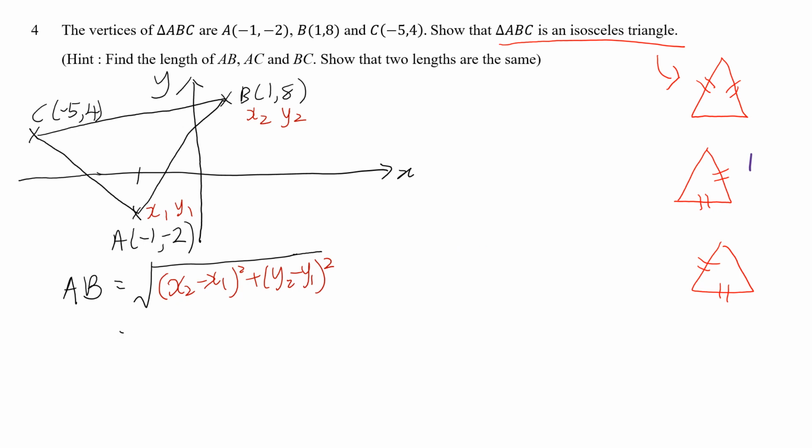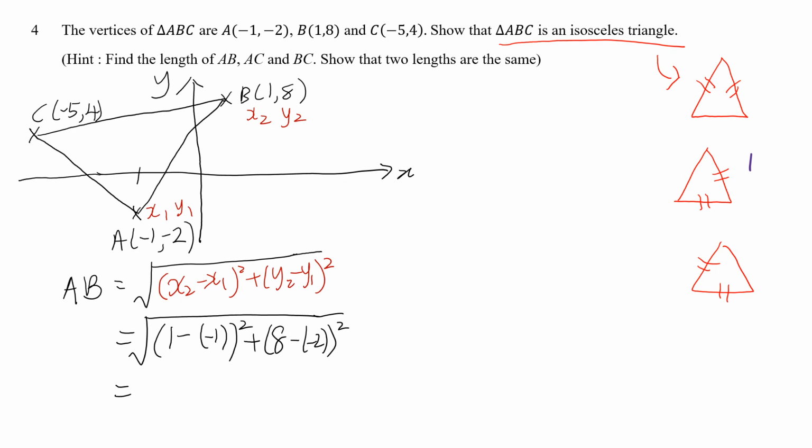Okay, so let's do the substitution. So the value for x2 will be 1 minus the value for x1, which is -1. So as we mentioned earlier on, if it's -1, you make sure you bracket it. Then y2 is 8 minus, again, bracket -2. And this you can just use your calculator to work out.